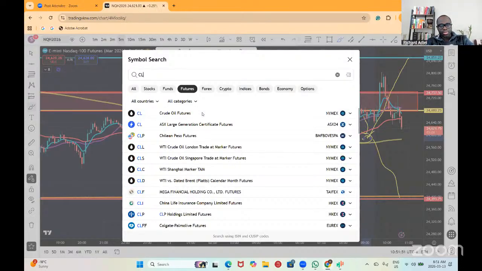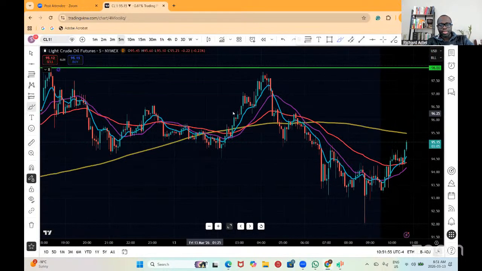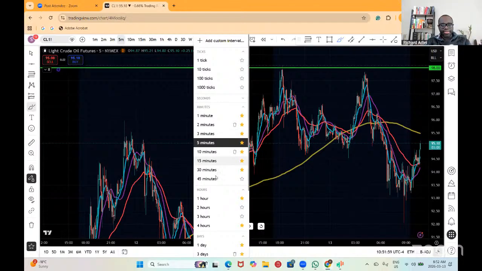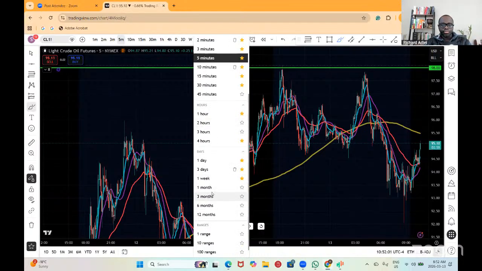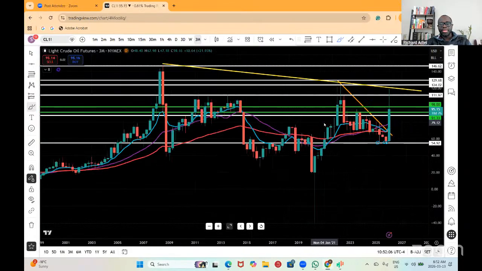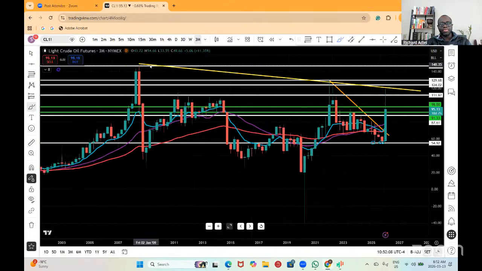Crude oil. Yeah, crude oil. This one. I think I drew there. So if you go to the 3 months chart, I just want to compress things. So if you look at the 3 month chart here, look at where this line is, yellow line, right?